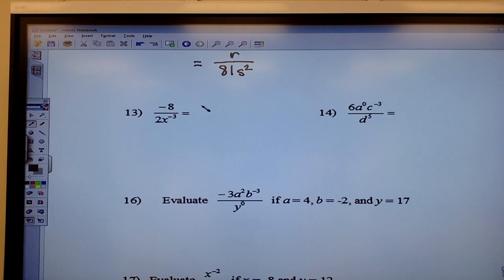So we'll have negative 8 x cubed, remember it becomes positive because it moved, over 2. Now we're not finished with this because we can simplify negative 8 over 2. So negative 8 divided by 2 is negative 4. So basically our answer is negative 4x cubed.